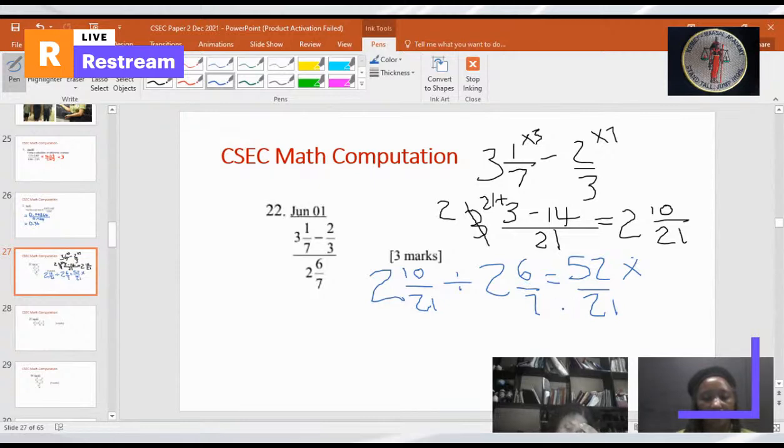That would give you 20 over 7, and we flip it, so we get 7 over 20. Now we see if anything can be cancelled or divided. 7 can go into 21 3 times.